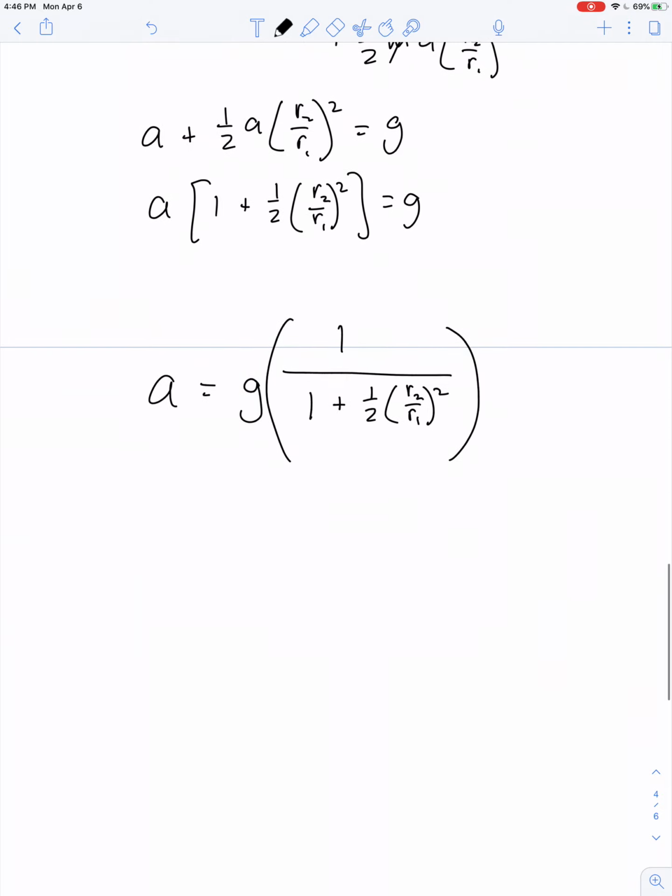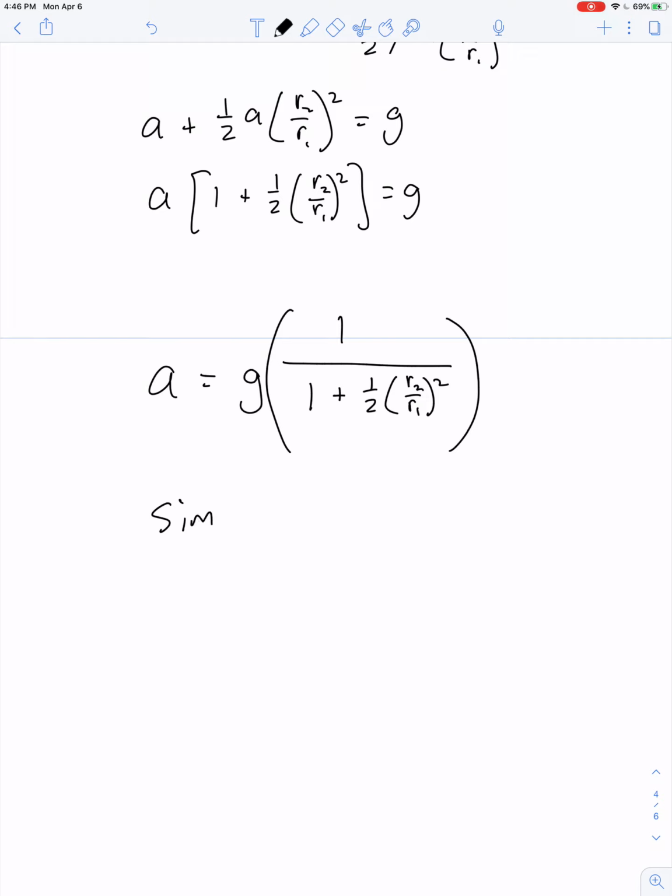Now wait a minute. For the simplified yo-yo, we know we should get A equals 2/3 G. Well, what is a simplified yo-yo? A simplified yo-yo is just the case where R2 and R1 are equal, so we can just go ahead and call it R. So that means the quantity in this expression would just be 1 squared, which of course gives us a 1.